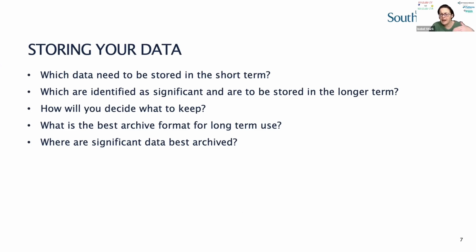Those things you can maybe mull about more over the length of the project, but certainly knowing what you need for the short term, what you will need to be keeping at the end of the project is something that you should know at the start. So, for example, we're going to be dealing with a lot of streaming data where actually the data that's going through is not as important as the actual algorithm that you're running over that data, in which case keep the algorithm, keep a good description of what sort of data you ran it on, how you got it, and so on.